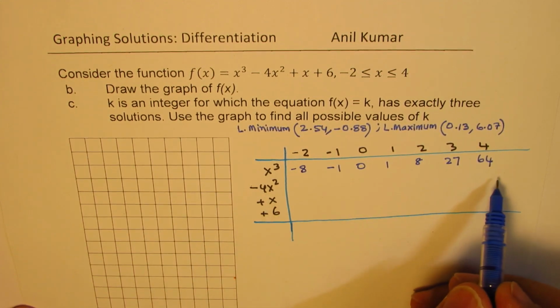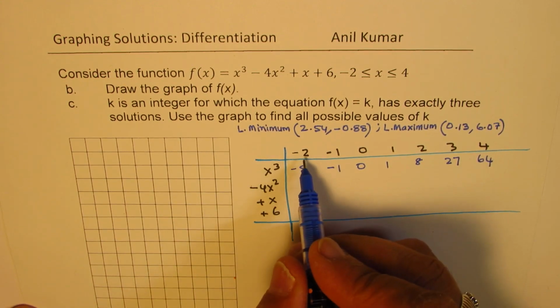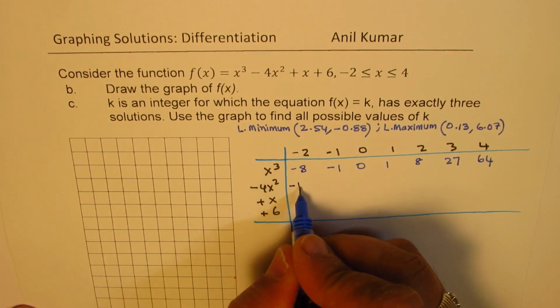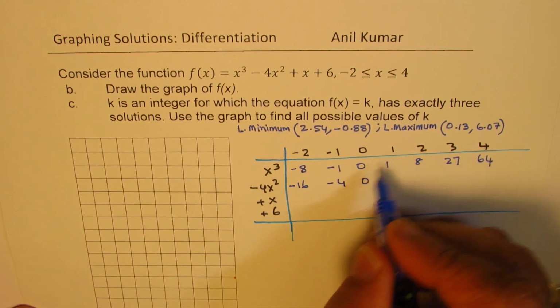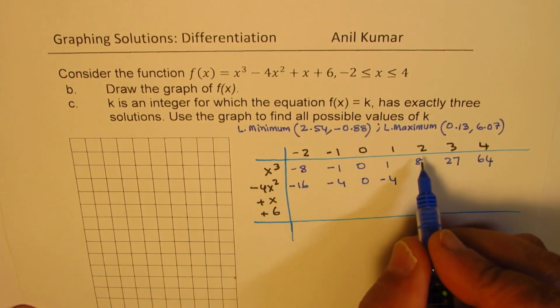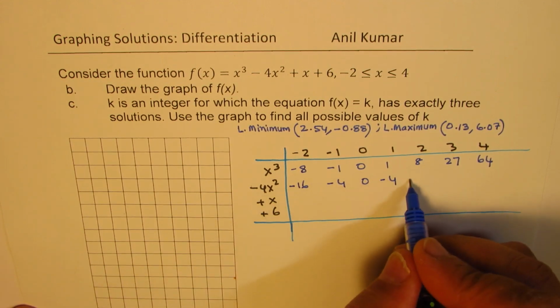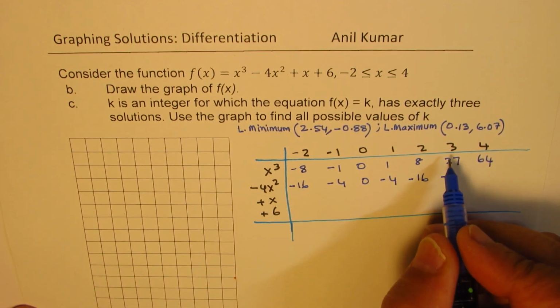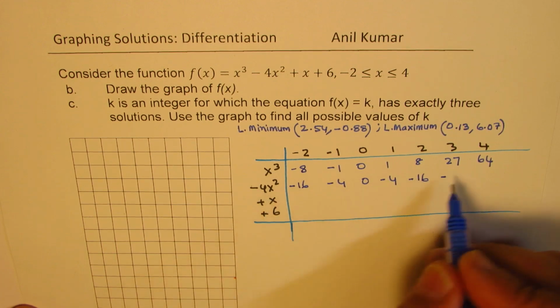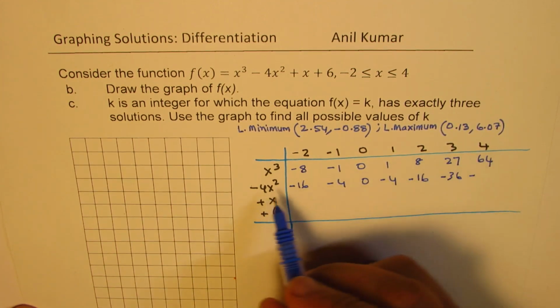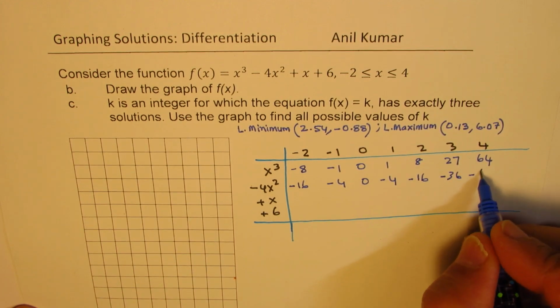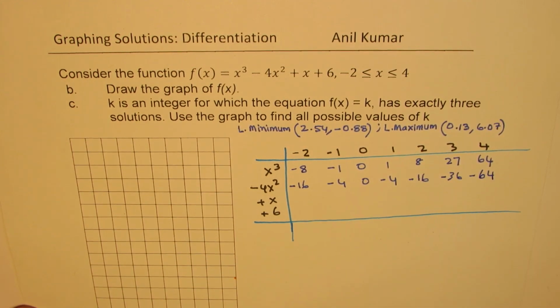So all these will be negative. The square is 4, 4 times 4 is 16, 1 times 4 is minus 4, 0, then minus 4. 2 squared is 4, 4 times 4 is 16, but all will be negative. 3 squared is 9, times 4 is 36. And 4 squared is 16, times 4 is 64.